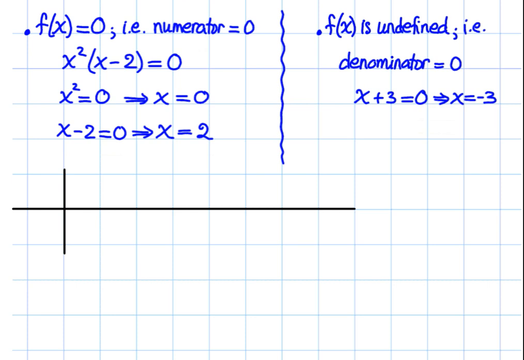We're going to have x, negative 3, 0, and 2. We don't have to put them in the right scale, just need to be in the right order. We also have negative infinity here and infinity there. Right, here we have the function.